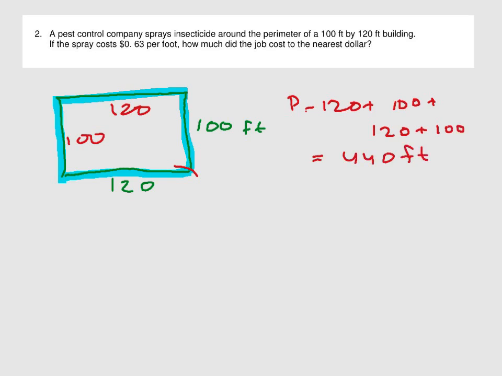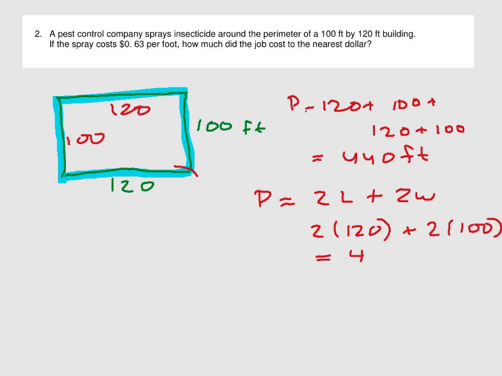The perimeter of a rectangle, you can also do 2 lengths, or 2 times L, plus 2 widths, 2 times W, so 2 times 120, which is 240, plus 2 times the width, 100. Again, it gives you 440 feet.